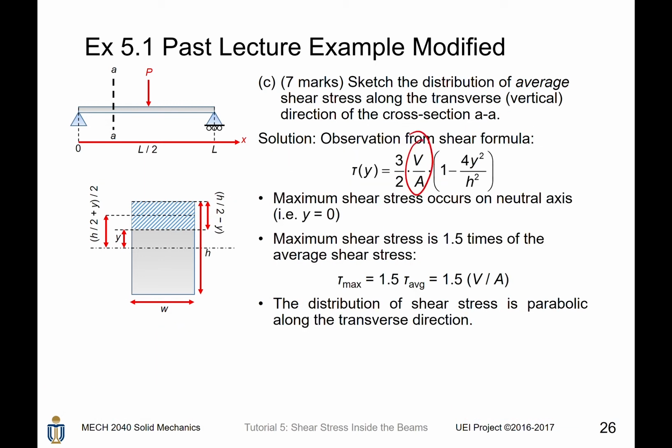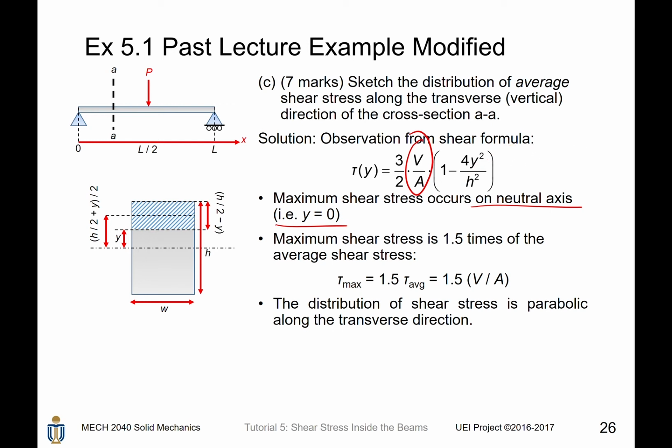V divided by A is the average shear stress acting on the cross-section. The maximum shear stress occurs on the neutral axis. The reason is that in order to maximize this equation, we want to make this term to be 1, and the only way that we can do that is to make y equal to 0.